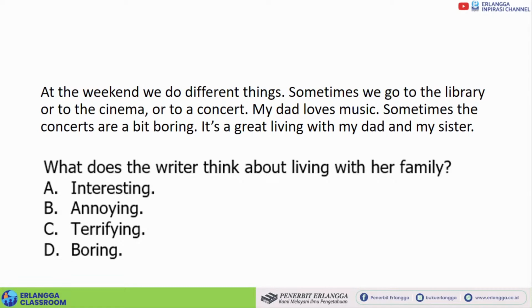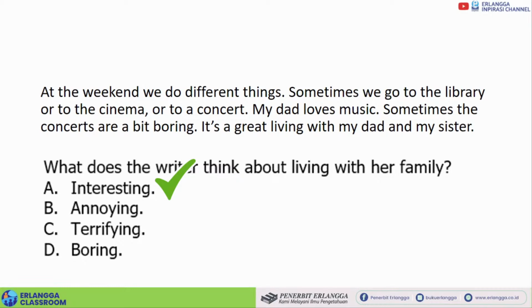Okay, let's see. Yeah, interesting. At the weekend, we do different things. Sometimes we go to the library. Okay, blah, blah, blah, ya. Highlightnya adalah, it's great living with my dad and my sister.